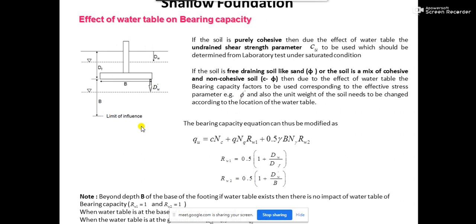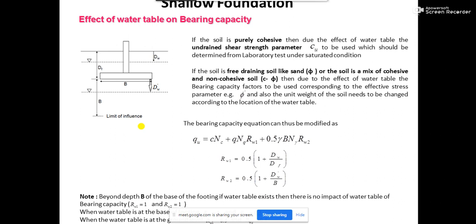See, in case of a c-phi kind of soil, c-phi soil means the soil is basically a mix of cohesive and non-cohesive nature, that means a mix of clay and sand.